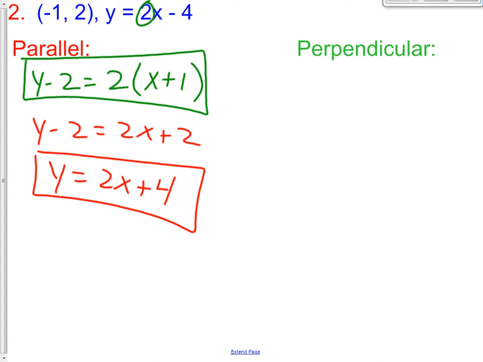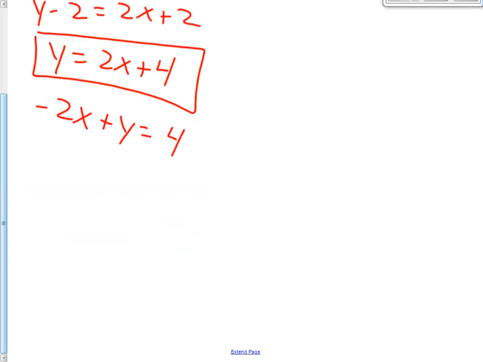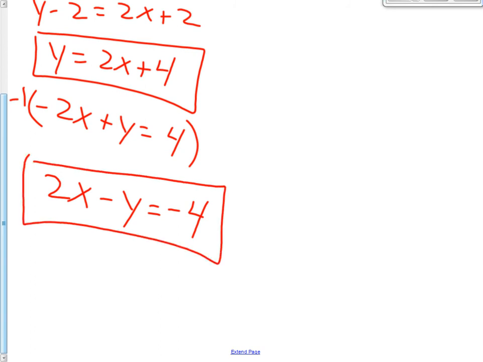Answer number 3, changing it into standard form, is a negative 2x plus a y equals 4. So we would get the answer, multiplying everything by a negative 1 to get rid of our negative coefficient, of a positive 2x minus y equals a negative 4. Positive 2x minus y equals a negative 4. Hopefully you got these 3 answers for a parallel line.